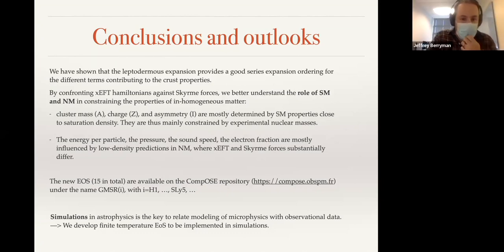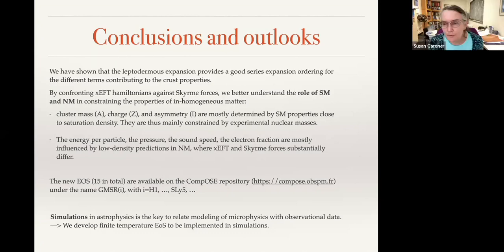It looks like Susan Gardner has a question. Susan, please go ahead. Thank you very much for the nice talk. Maybe you could set the disagreement between the chiral effective theory studies and the Skyrme forces in context. Usually we understand in the context of chiral effective theory that there's an estimate of what we think the uncertainty should be.